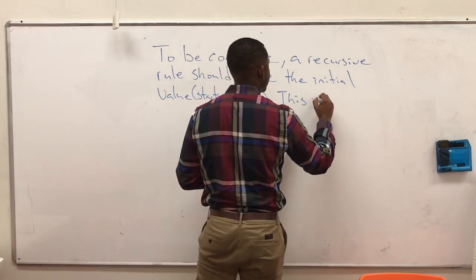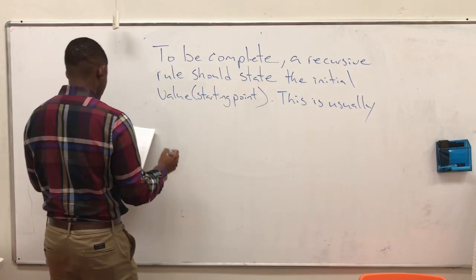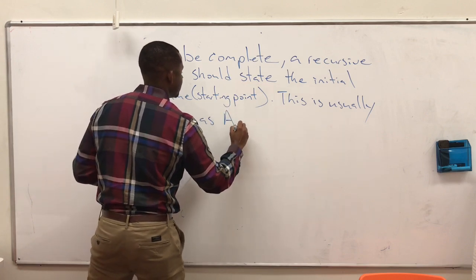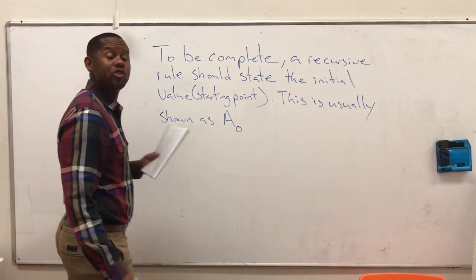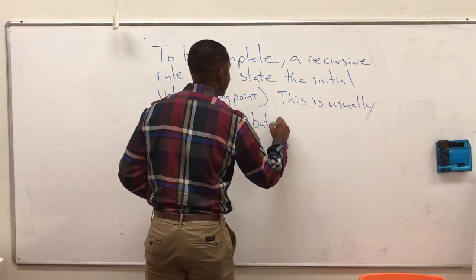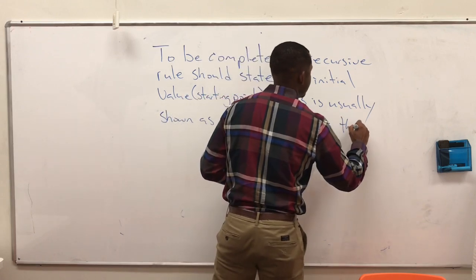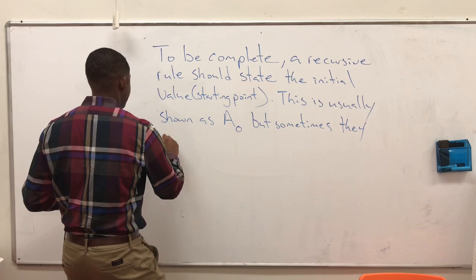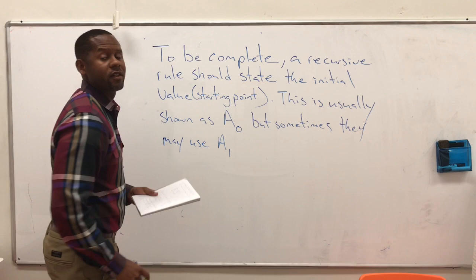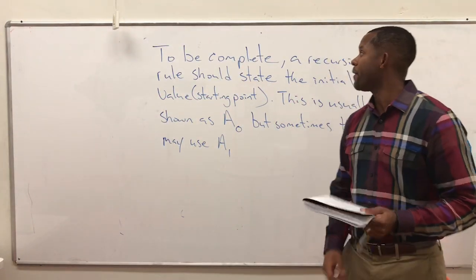The initial value is usually shown as a sub 0. The initial value is usually called a sub 0, but sometimes they may use a sub 1. If it's not a sub 0, if it's a sub 1, they're gonna tell you about it, okay?